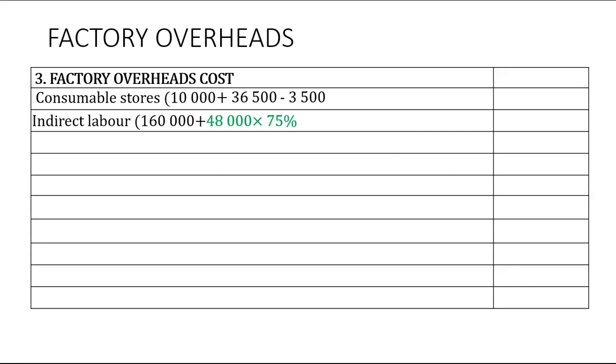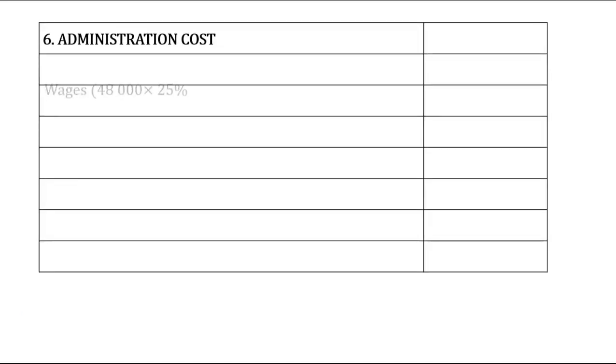It's because the cleaner only spent 75% of the time at the factory, all right? And the remaining 25% of that 48,000 will be recorded under administration costs. That will be 48,000 times 25%. Okay, done with that entry.